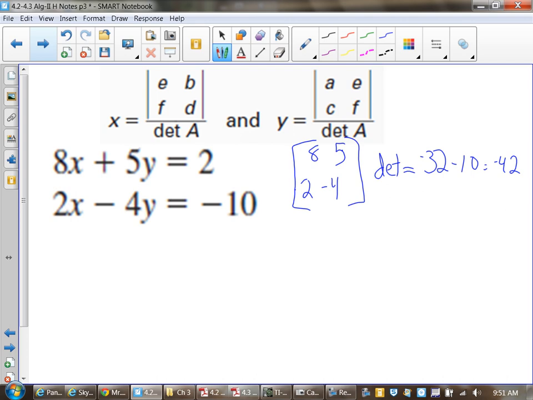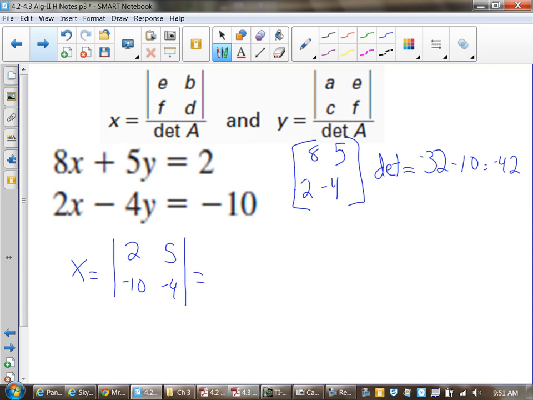Now, when I go to solve for x, what do I put in for the x column now in the matrix? 2, -10. 2, -10, good. Go back to the same y's.